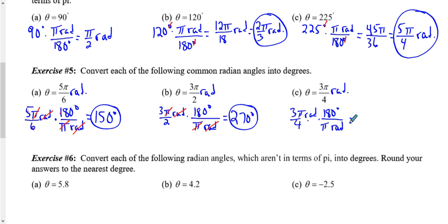How many degrees is that? You would get 135 degrees. 135. Simple as that.